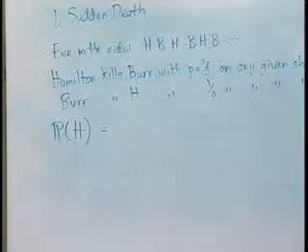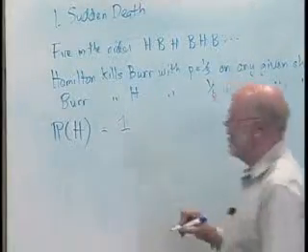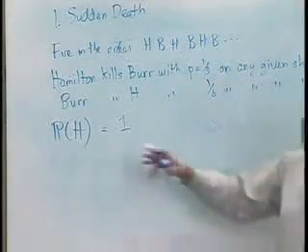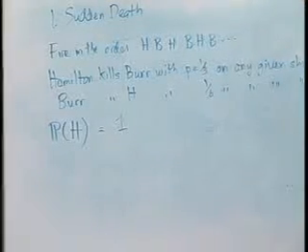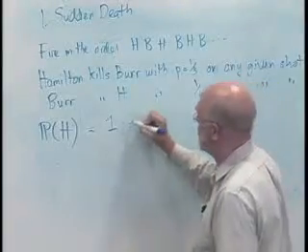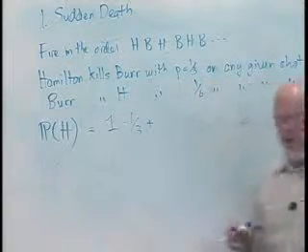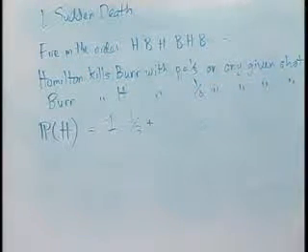So, what is the probability that Hamilton wins the duel given that Hamilton kills Burr with his first shot? 1. Okay. So that's the conditional probability. The conditional probability that Hamilton wins the duel given that he kills Burr on his first shot. And what's the probability that he kills Burr on his first shot? 1 out of 3. What's the probability that Hamilton wins the duel if he misses and Burr then proceeds to kill him? 0.